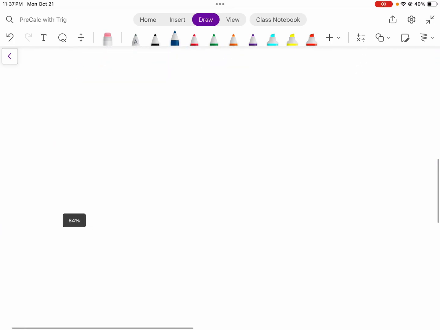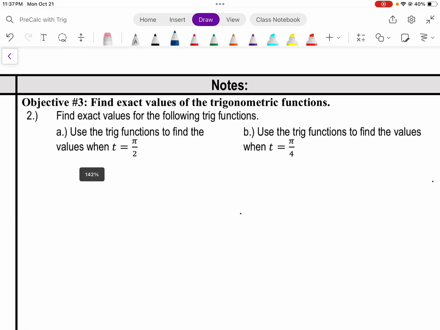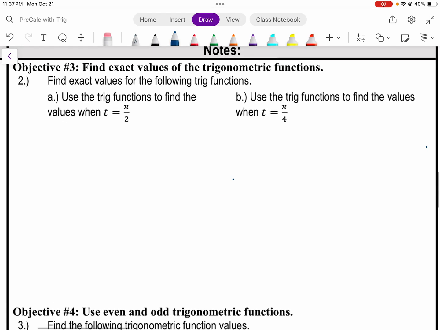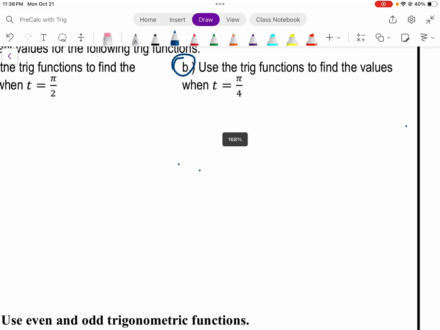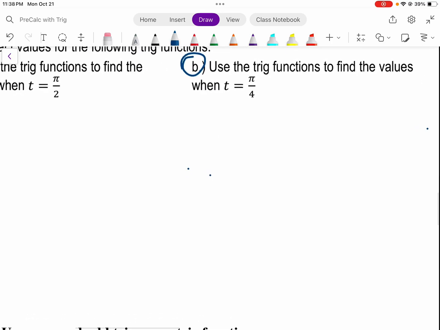Go ahead and turn the page over. We're going to find the exact values of the trigonometric function. I'm only going to do letter B because the rest of it you can probably just figure out. So I want to find all the values of the trig function when theta, or t in this case, is pi over 4.